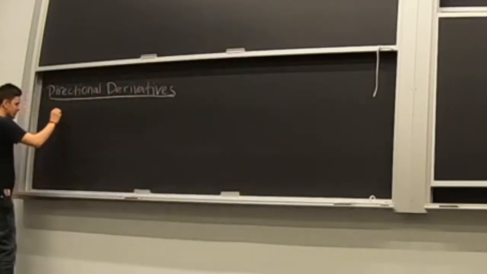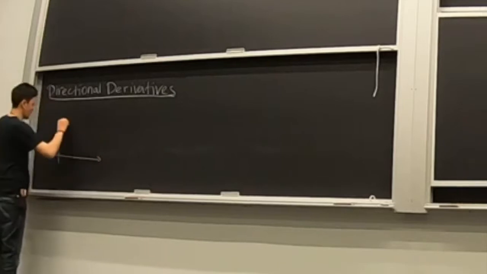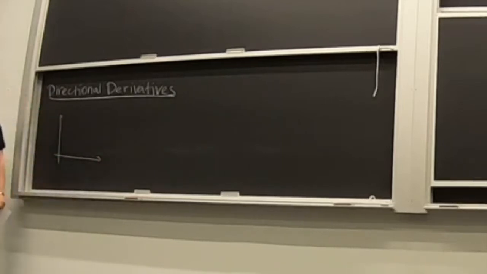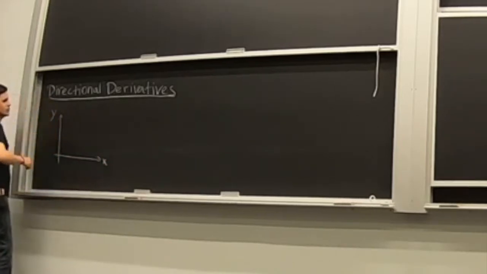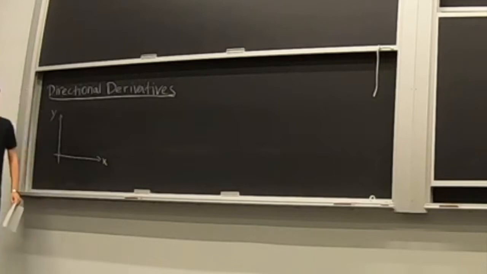So in one variable, right, we have one independent variable, the x, and we have one dependent variable, y. And then what we do is we make graphs that relate x and y.